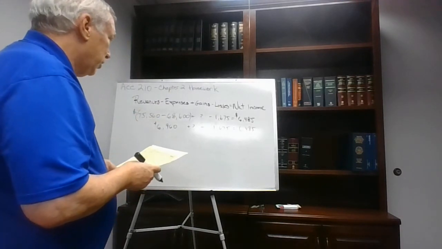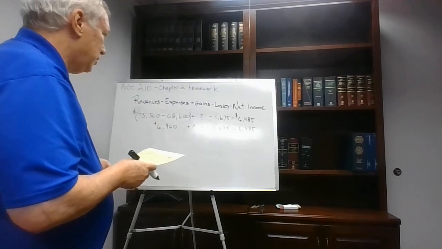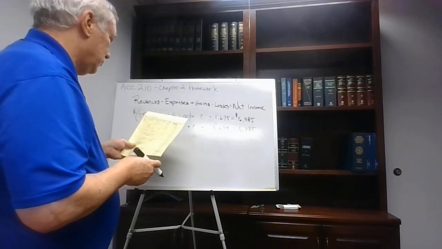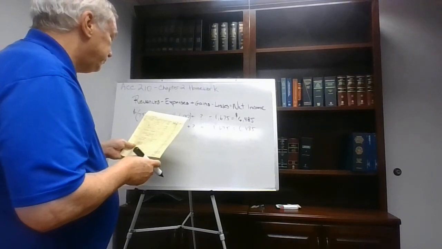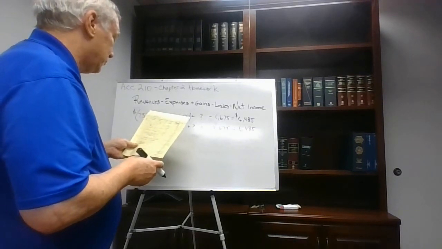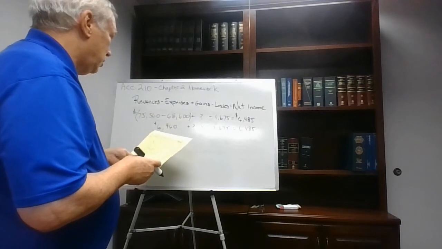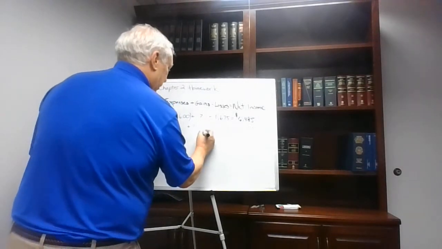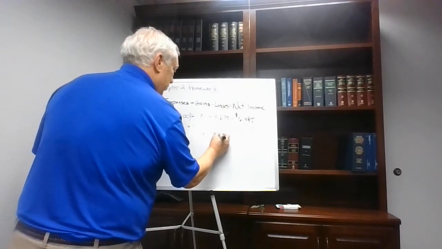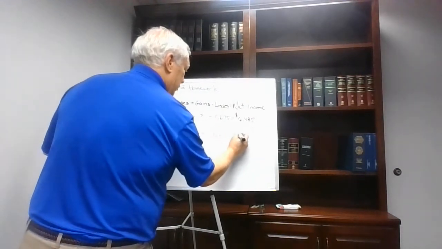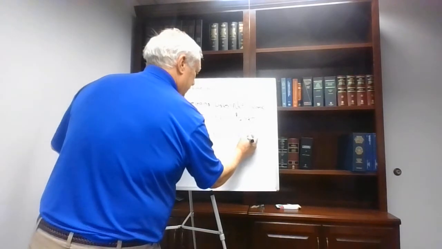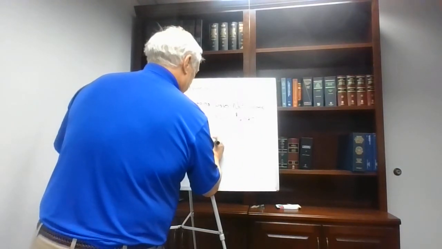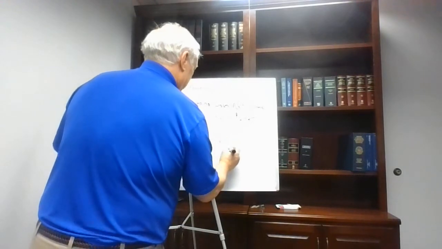Now, what do we have? Well, let's get rid of the 1675. So we're going to add 1675 to both sides. And that cancels that out to 0.